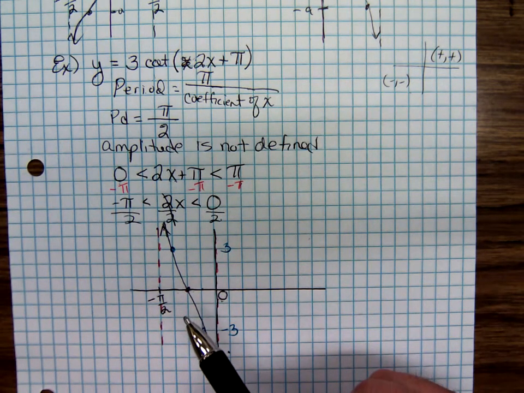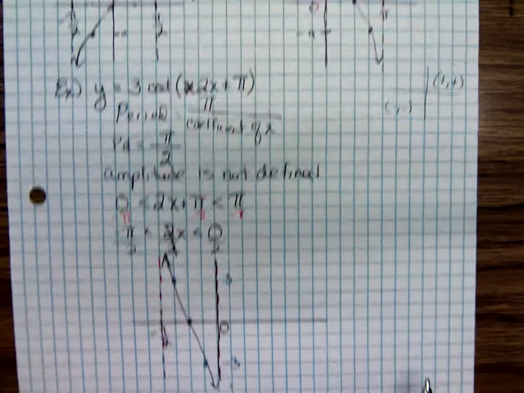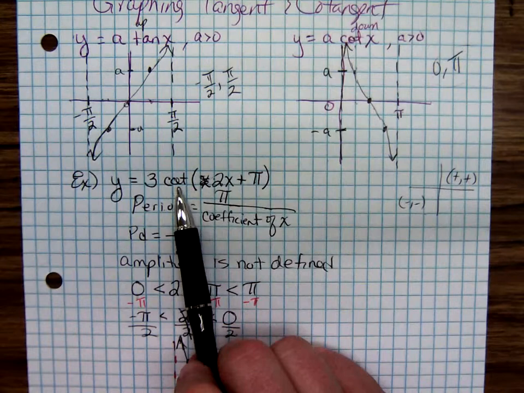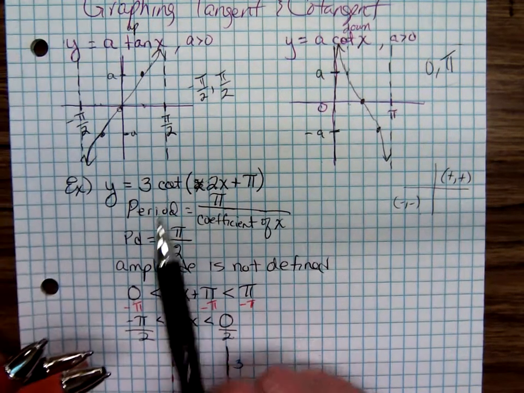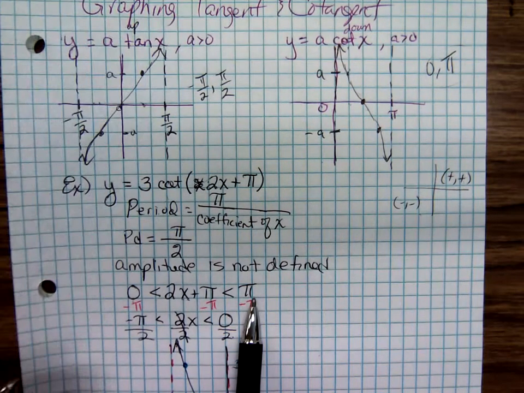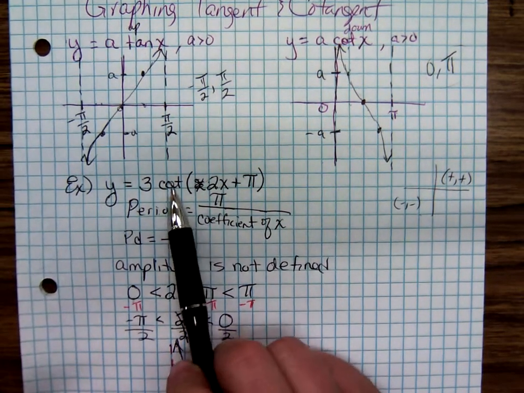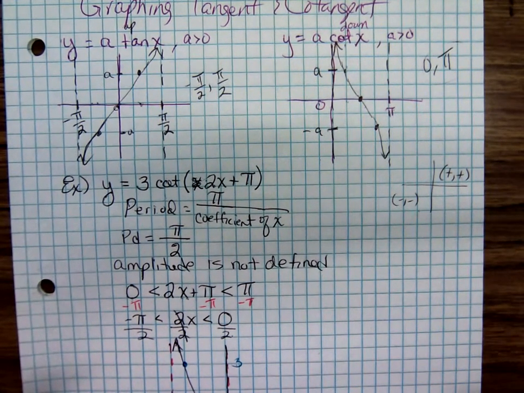The key is going to be finding those asymptotes. I did cotangent first because it's the easier one, since you're using 0 and pi here. Maybe we better graph a tangent one now, okay?